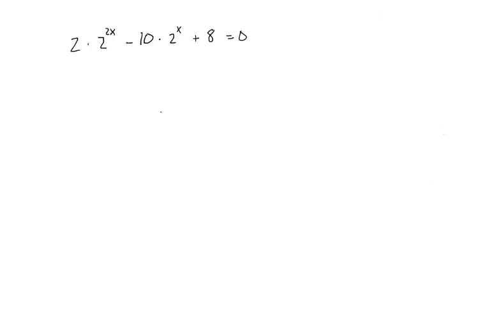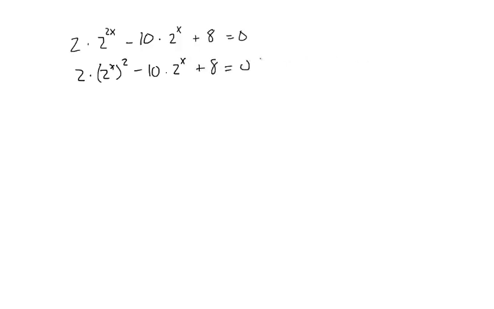In this last example, we want to solve this for x, and we have 2 times 2 raised to the 2x minus 10 times 2 raised to the x plus 8. And what I'm going to want to do is create a form that we do know how to solve. So we're going to have to use a substitution, and before I do the substitution, I want to rewrite this one time, and I want to say 2 times 2 to the x all squared minus 10 times 2 raised to the x plus 8.